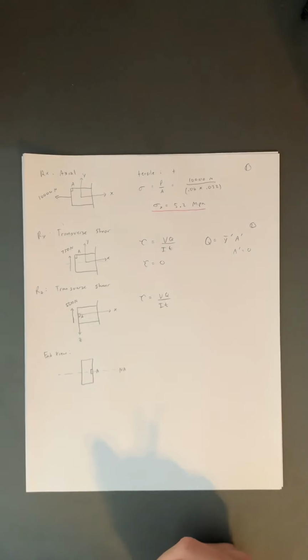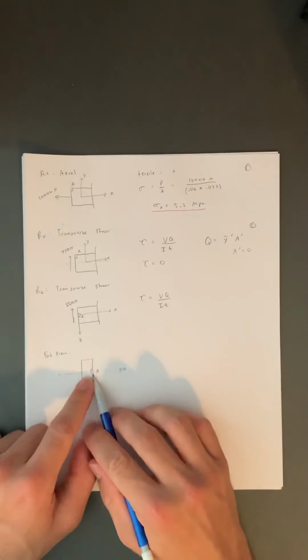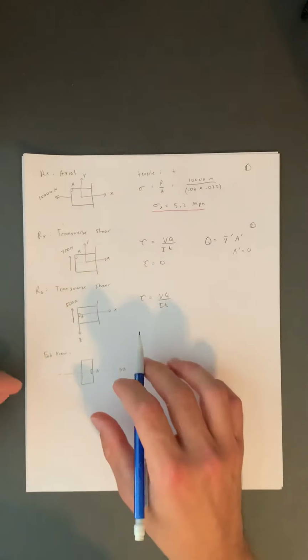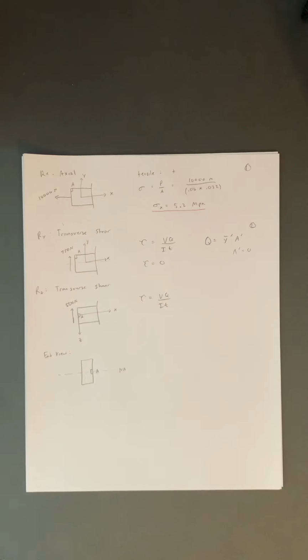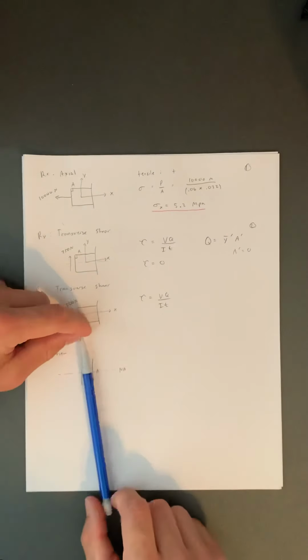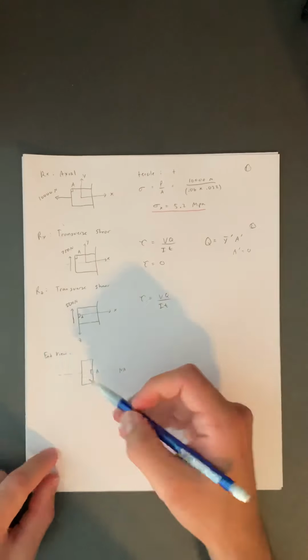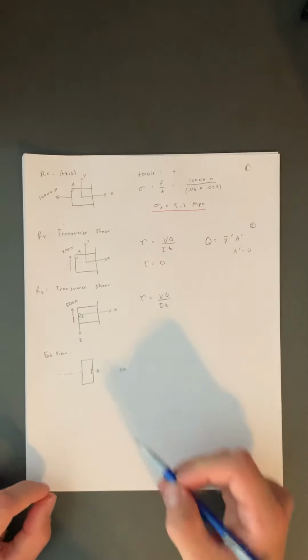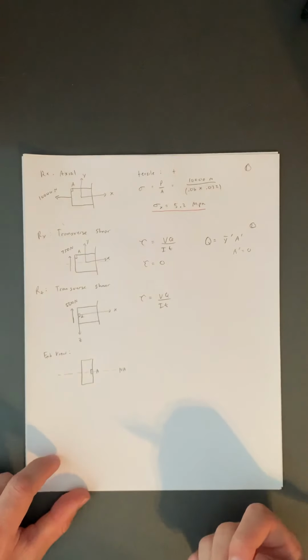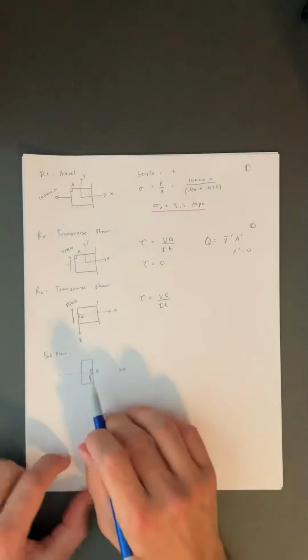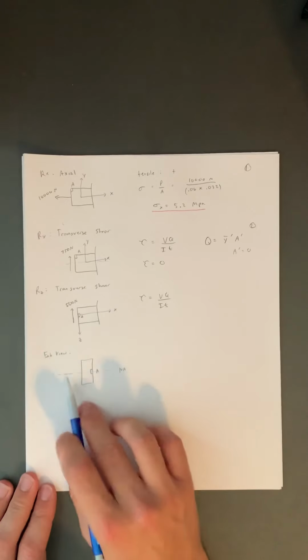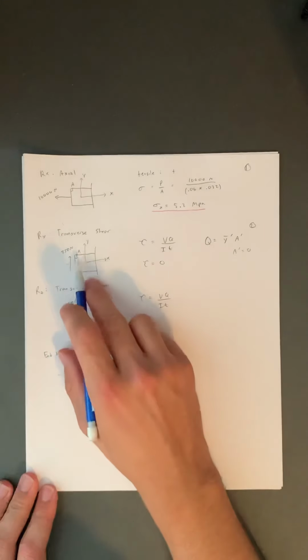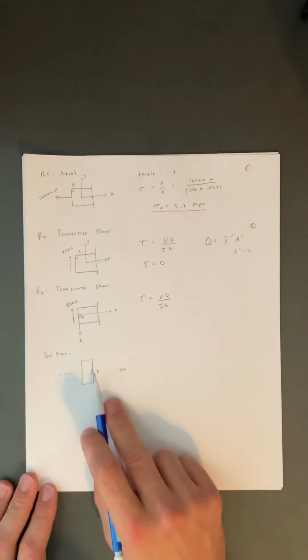Because A is now in the middle, and if you were to flip this, so the long dimension is on the top and the bottom, you would see that A is on the top, and again, that is how you know that is wrong, because then A would be 0, so transverse shear is 0.